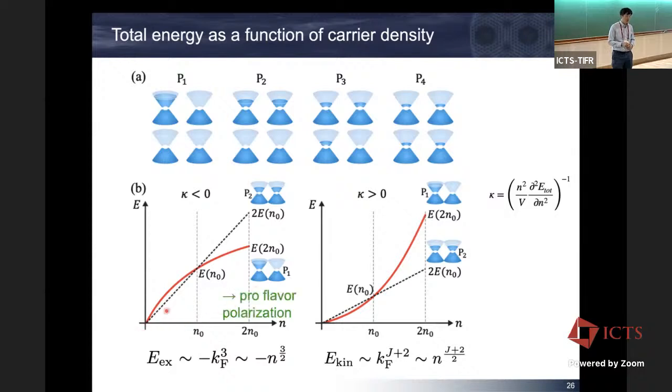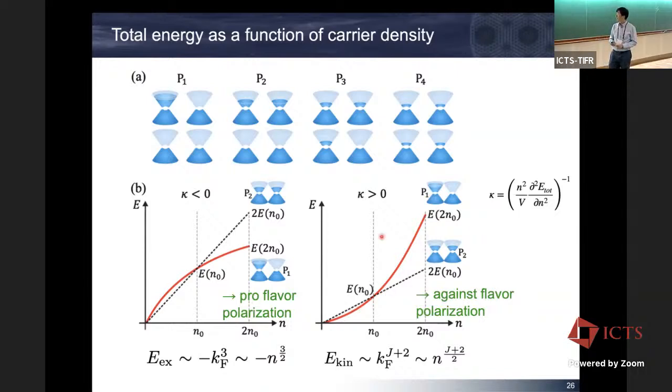So when we have this concave shape, we favor the flavor polarization, whereas when we have this convex-concave shape, it goes against the flavor polarization because this straight line stays below the red line.